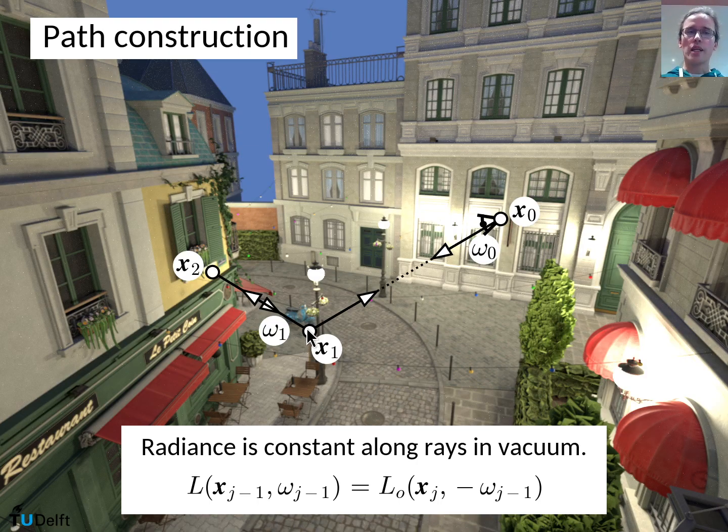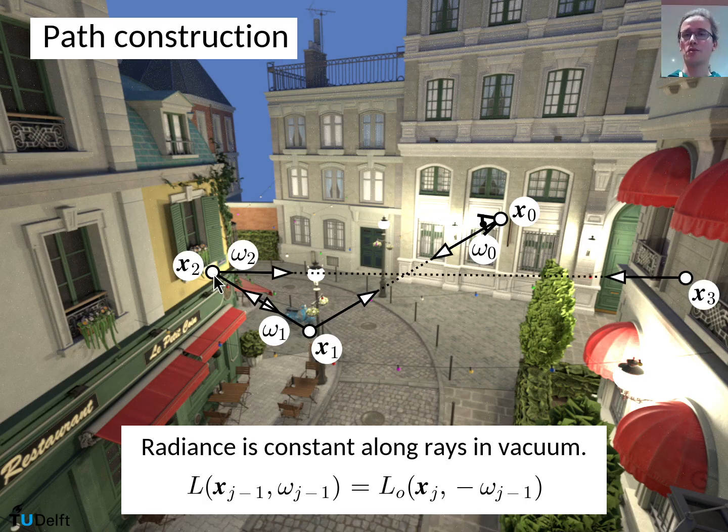And then we trace another ray, because we again need the incoming radiance here. And for that, we need to know the outgoing radiance at this point x2. So first we have to figure out what this point x2 is using ray tracing. And now at this point, we again want to know the outgoing radiance. But for this, we again have to solve the integral in the rendering equation.